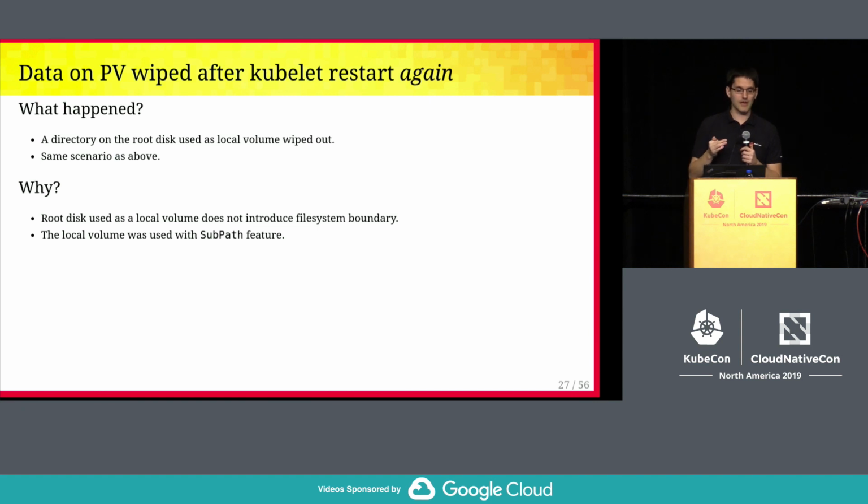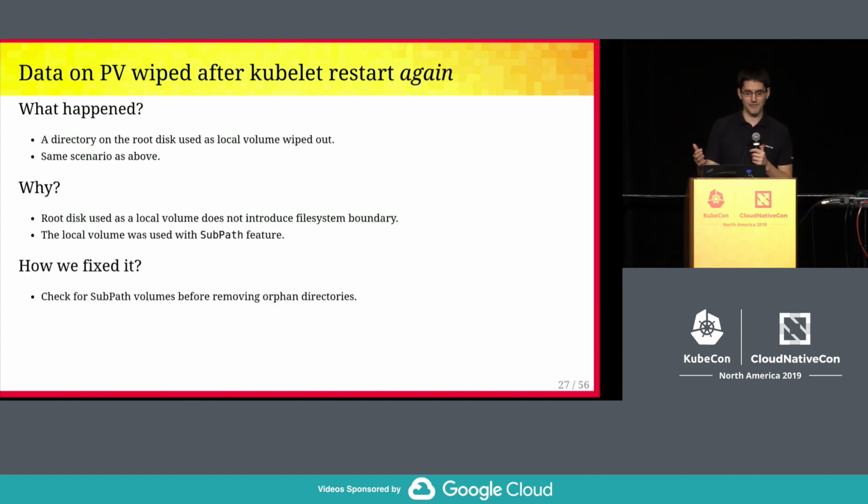And also, the reconstruction didn't work because in this pod that was deleted, the user used the so-called subpath feature, where Kubelet doesn't give the whole volume to a pod, but just a subdirectory. So once we knew that there is something wrong with subpath, we fixed it very quickly.